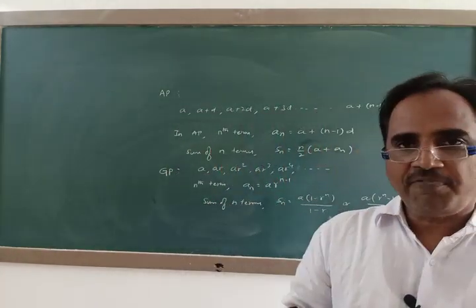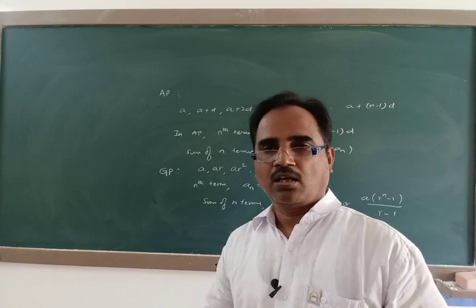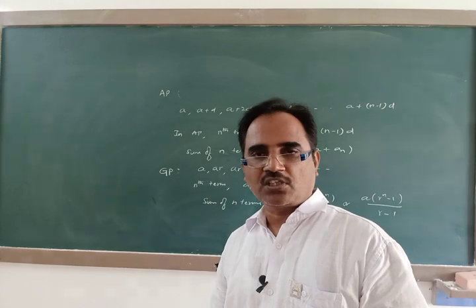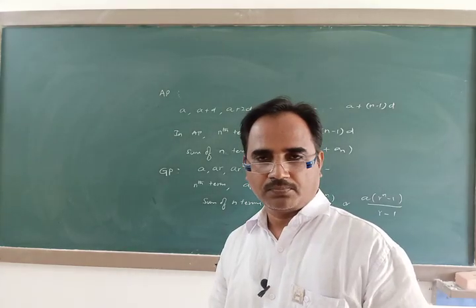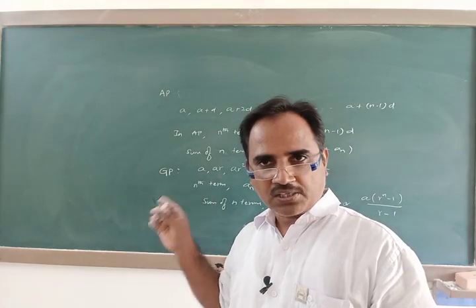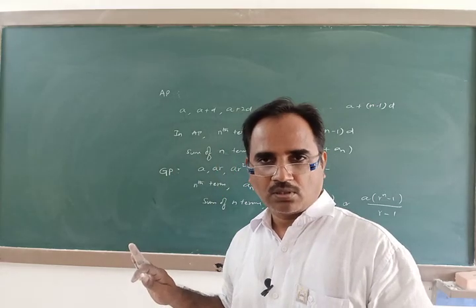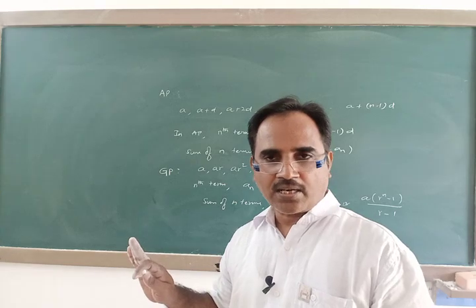See, if you become familiar with all these mathematical relations, then the study of physics becomes very simple. If you understand all these mathematical relations, it is well and good. Even if you could not understand, don't get scared.